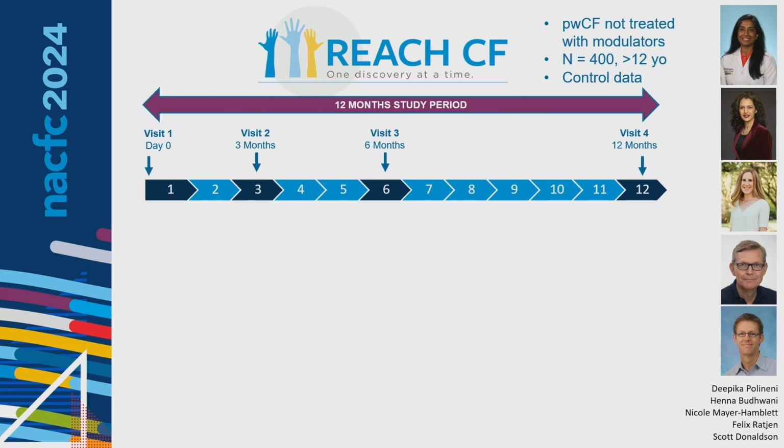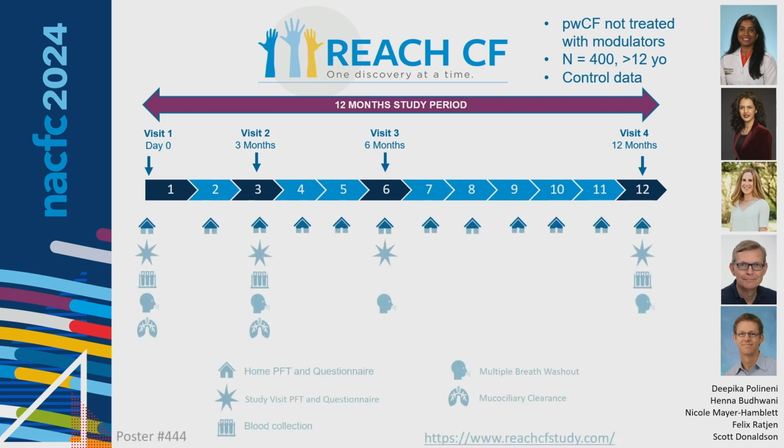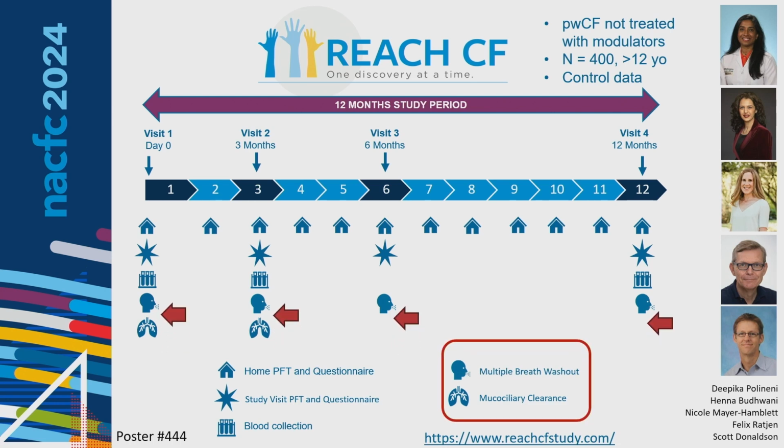And you can see it's a 4-visit study, and it looks very complicated here, but basically monthly check-ins by home spirometry and questionnaires. You see the stars of the actual visits where there's study PFTs, questionnaires, and so forth, blood collections. I just want to highlight that we are actually capturing MBW, LCI, and mucociliary clearance at several time points throughout the study as a sub-study.